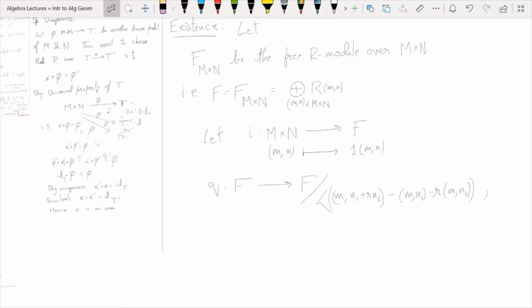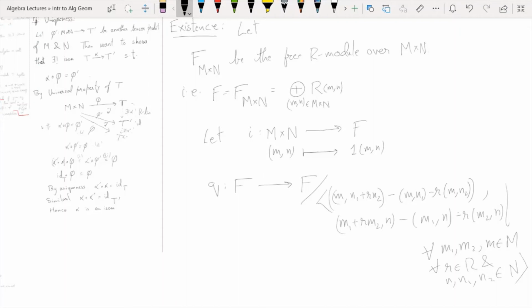Comma, and so on, similar things. So m1 plus r m2, r in R and n1, n2 in N. So these are some elements, and you consider the submodule generated by all of them.